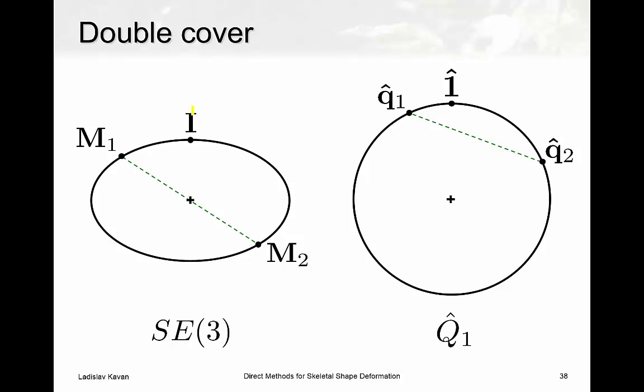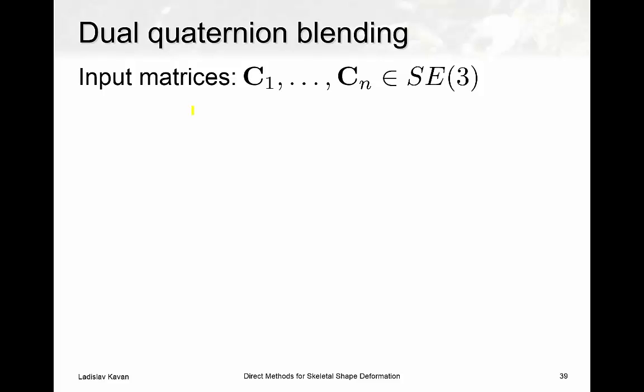If you do the same thing on the manifold of unit dual quaternions, guess what happens? You will get the 360 degrees rotation already here. And if you do the whole loop, you will do 2 revolutions. You will do 720 degrees rotation. And that's the reason why the dual quaternion blending works better than blending of matrices directly.